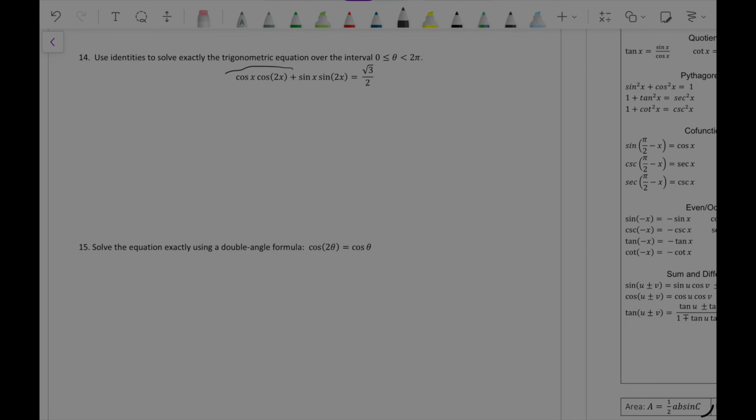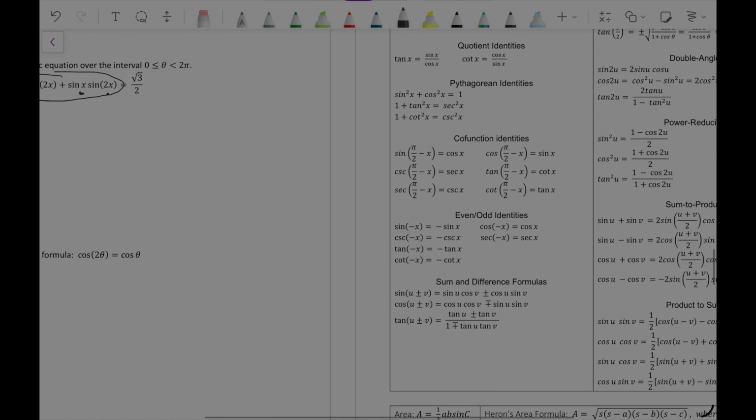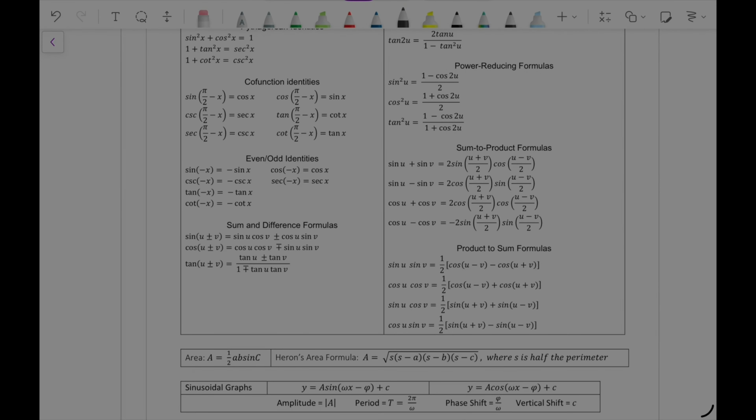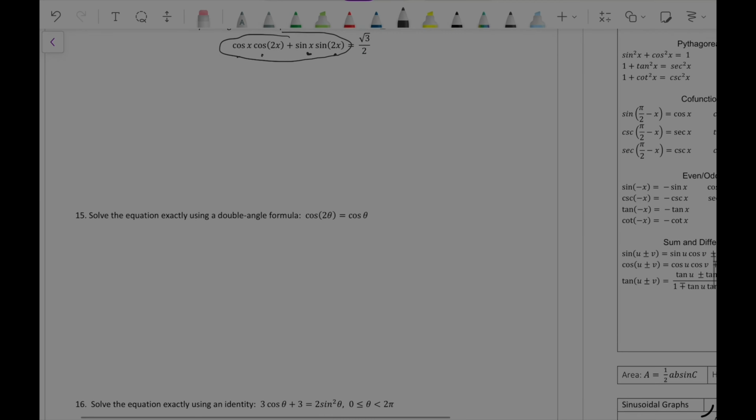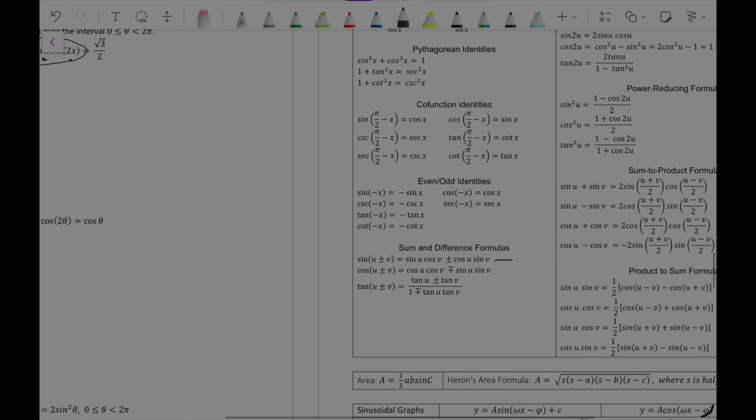This, though, looks familiar: cosine times cosine plus sine times sine. I'm thinking that this is a sum and difference formula, so let me look at my formula sheet. Here are my sum and difference formulas that we've covered earlier. We have a sine, cosine, and a cosine, sine. I believe that's what we had here. Nope, we have a cosine, cosine, sine, sine. So that's this one.